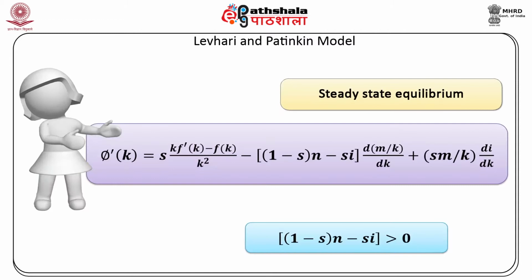For steady state equilibrium, φ'(k) = s[k f'(k) − f(k)]/k² − [(1 − s) n − s i] dm/dk + s (m/k) di/dk, where (1 − s) n − s i is greater than 0.